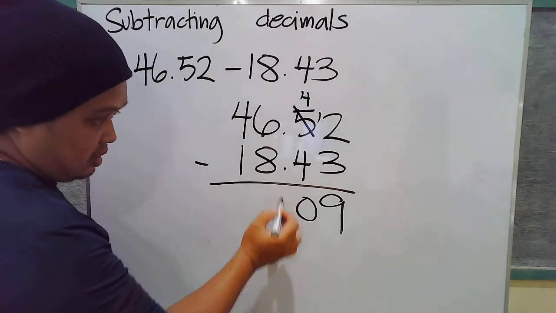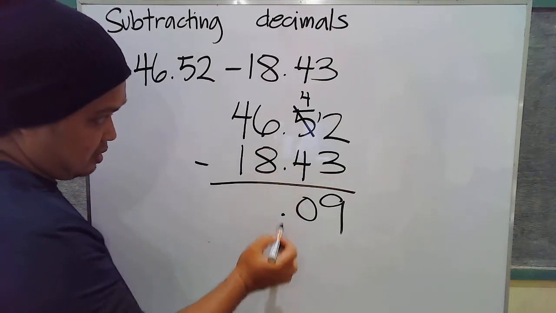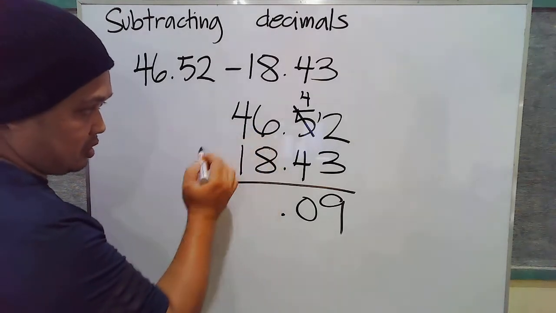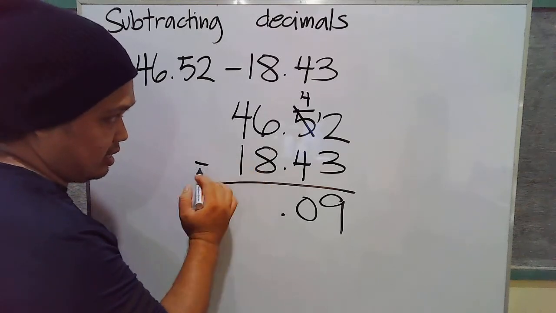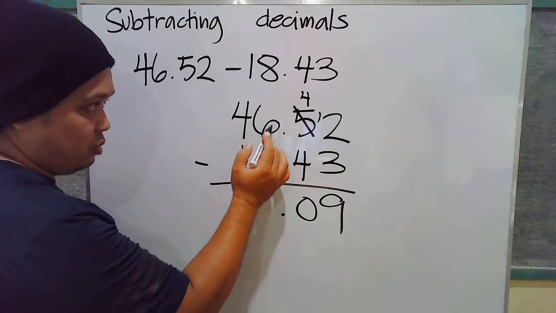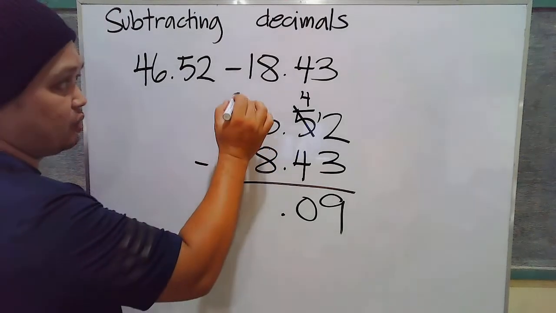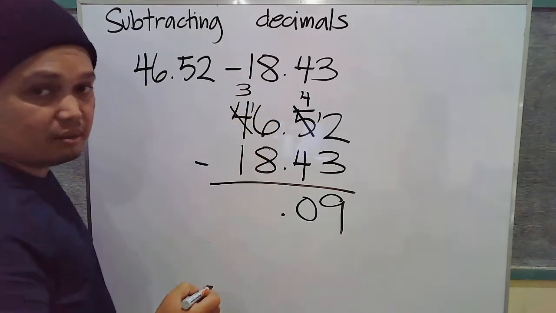Next is the decimal point. Now let's subtract again. Let's proceed. Continue. 6 minus 8 cannot be because 8 here is greater than 6. So what we're going to do is that 6 will borrow 1 from 4. 4 will now be 3, while 6 will become 16.